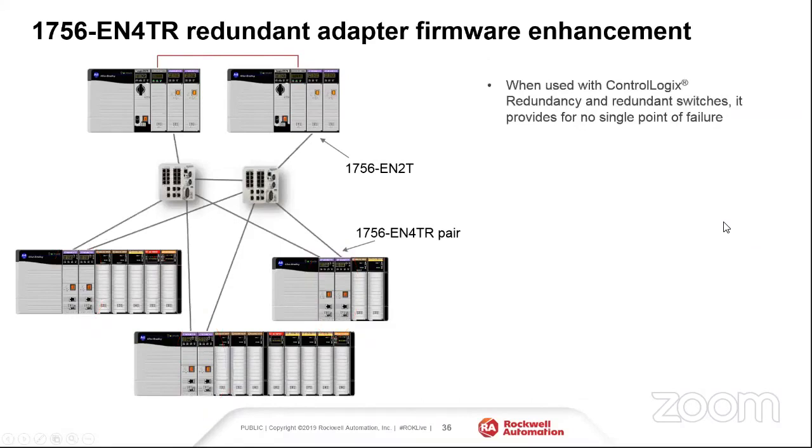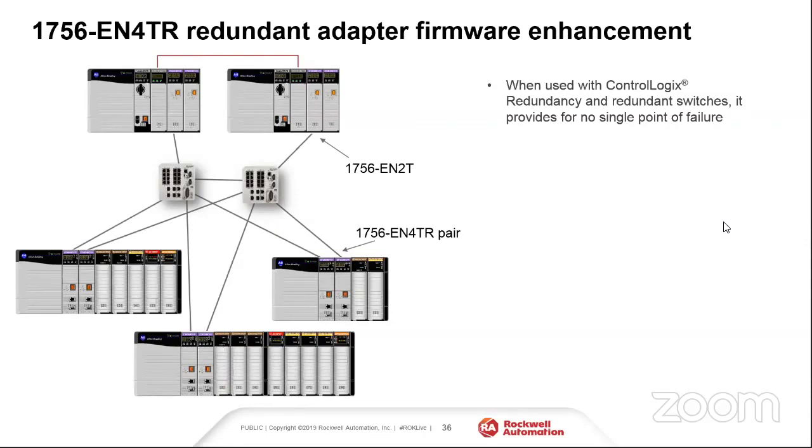And then another ability that you would have here is looking at the ControlLogix redundancy. So we could support the PRP infrastructure, similar to what David was talking about. So now with this would be a similar idea with PRP, the parallel redundancy. What you're seeing here is you can have two distinct Stratix switches.